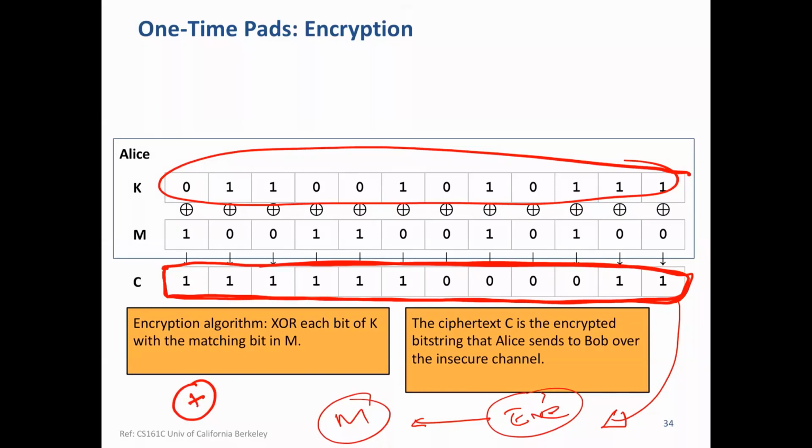She knows only these two things. Can she now come up with the original message M? Yes or no?